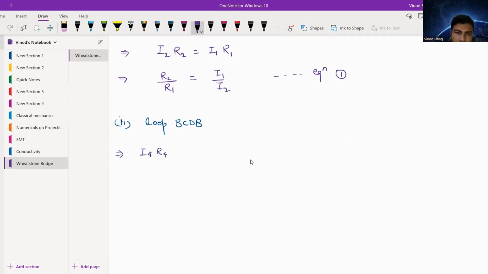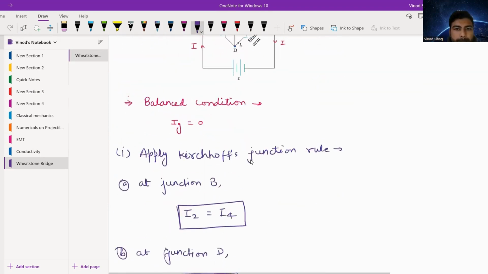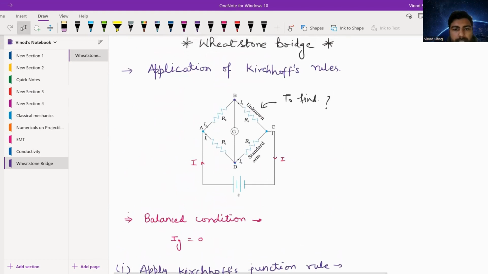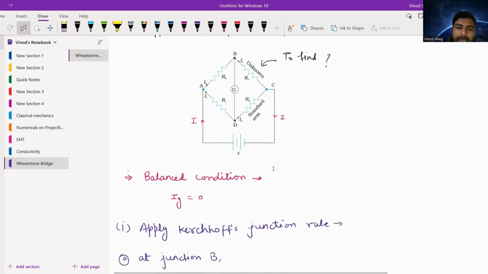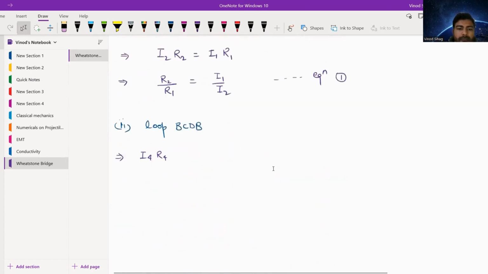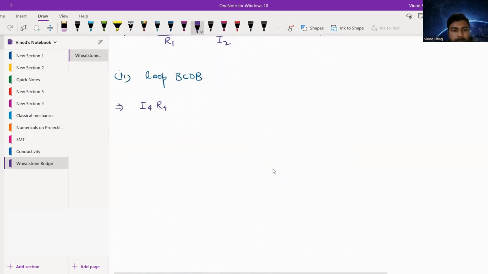I4R4, then BC is completed. Now CD: we are moving from point C to D, but the current is moving from point D to C, so we have to take the negative sign here. So it will be minus I3R3.